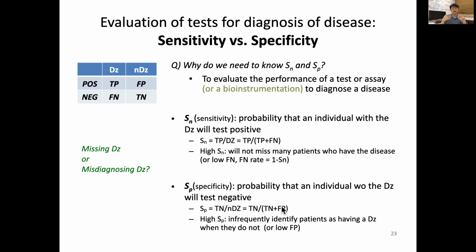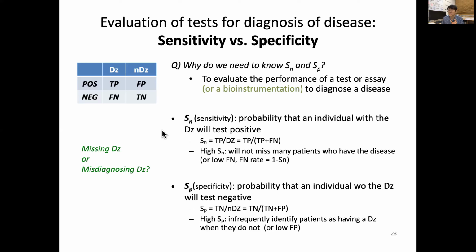So what does it mean to have a highly specific test? It means you need very low false positive. False positive means I don't truly have the disease, but the test gives me a positive. So high specificity means infrequently identifying a patient as having a disease when they do not. Let's really think about this.